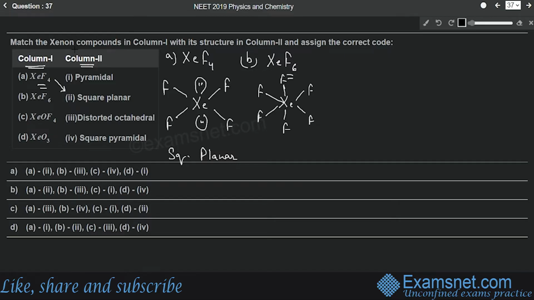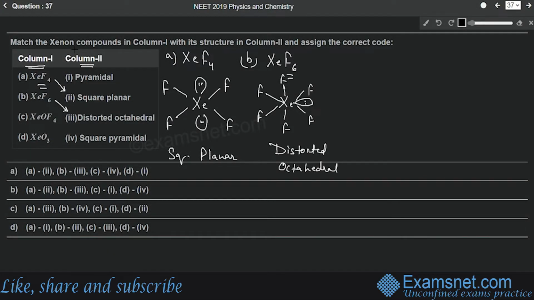So how many electrons left? 2 electrons left. So these remaining 2 will be available as one lone pair of electron. Okay. Now if there was no lone pair of electron, then this would be the octahedral. But due to the presence of lone pair of electron, it will be distorted octahedral. That means the correct match for B will be number 3.